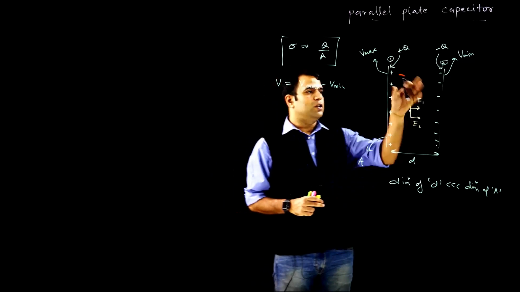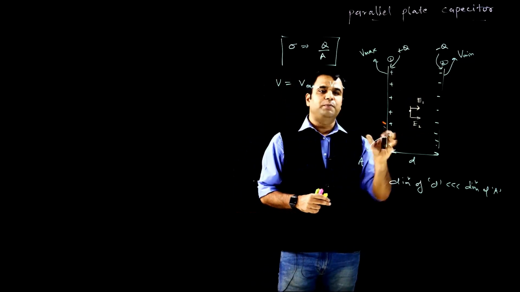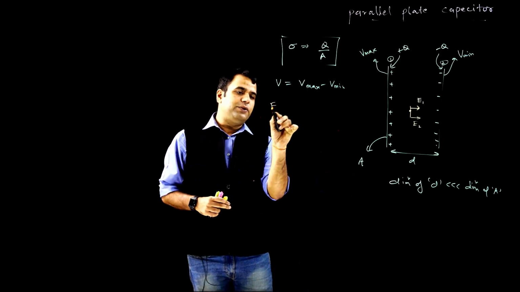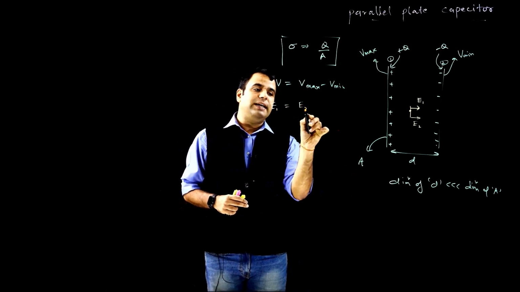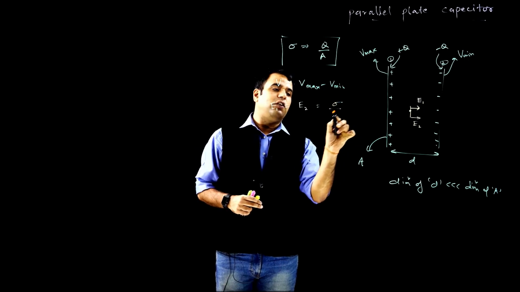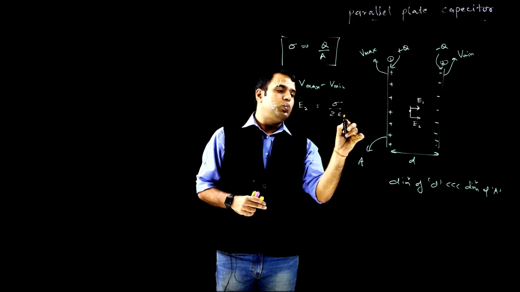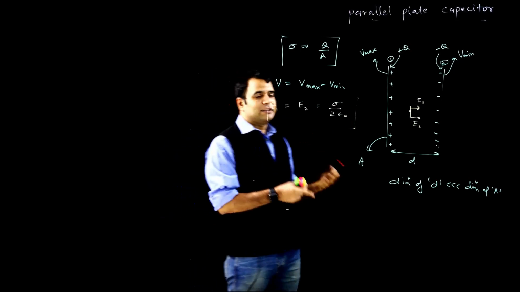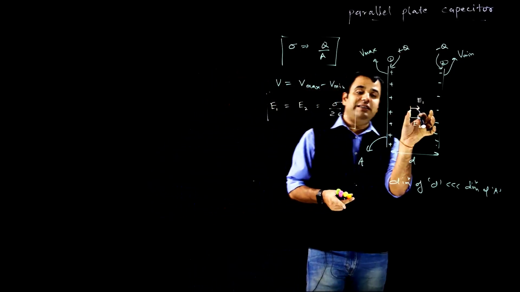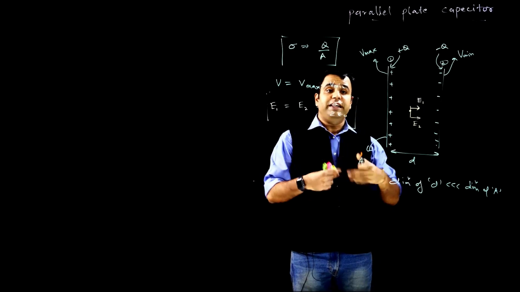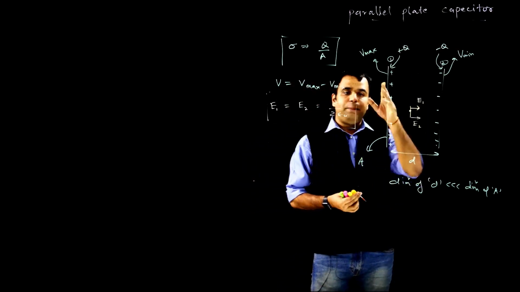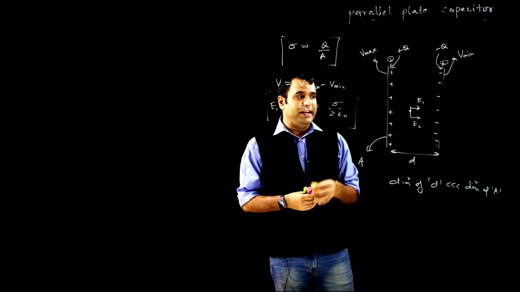You can see the fields due to both plates are in the same direction. As we already know, the magnitudes of E1 and E2 will be the same, and the formula will be sigma upon 2 epsilon naught, because the distance of this point from the plate is very small, so these plates behave like infinite plates.